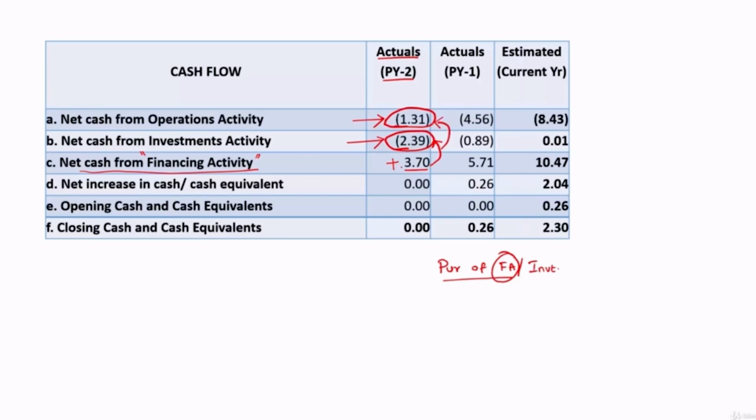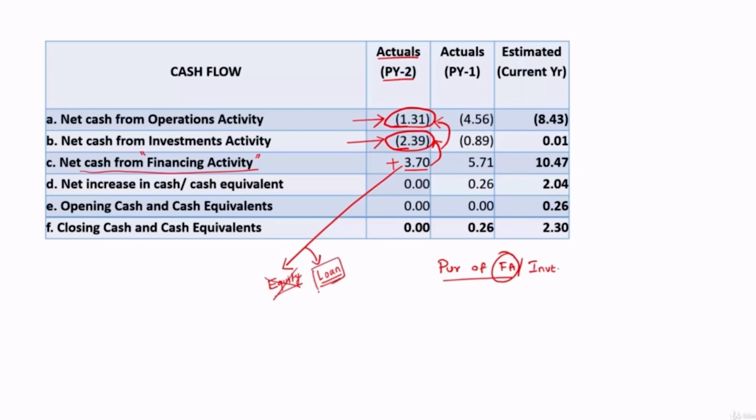So now the question is, what is the breakup of this 3.7 crore? If it is fully from equity, it is good. It means owners are investing money for their investments and they are also taking care of the losses suffered. Or is it fully by loan? Then it is a matter of concern, because there is a substantial operational negative cash flow and they are also investing, and owners are not participating.